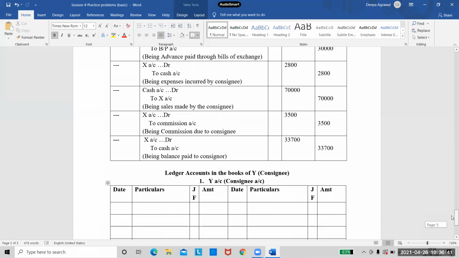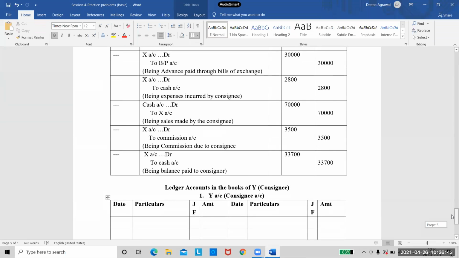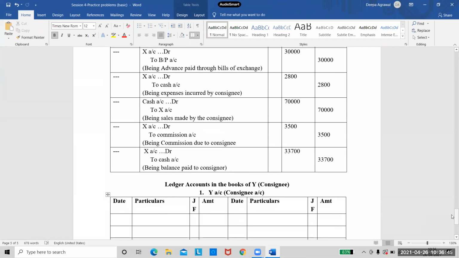So this is our first entry. We will see the first entry and then we will transfer. Just let me know if you're ready with the pro forma of ledger so that we can transfer the entries. I need to change the heading here.